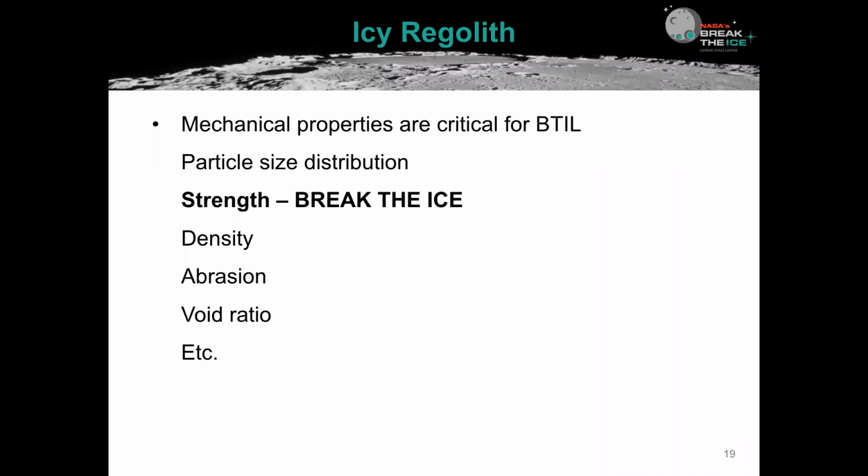Void ratios, just many, many more mechanical properties of regolith deposits. So to try and make this a challenge that's doable, we focused in on one, and that's just strength. So we're talking about unconfined compressive strength. So can we go to the next slide?